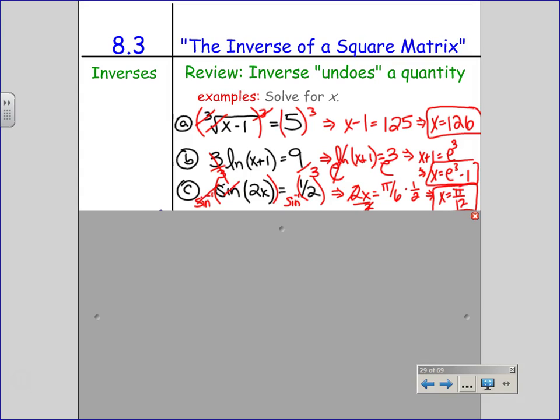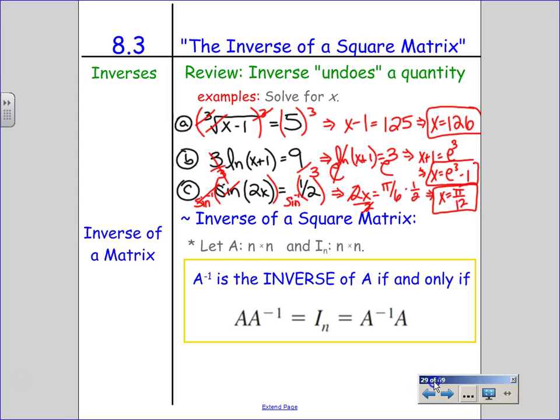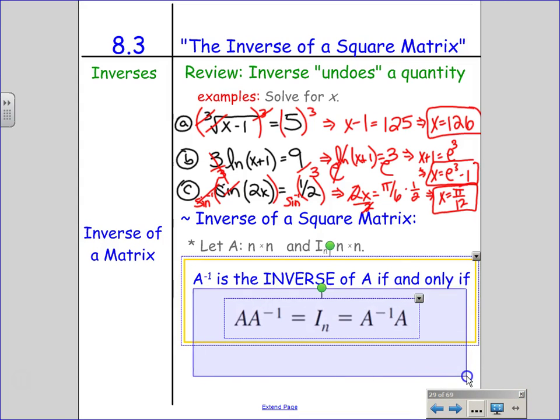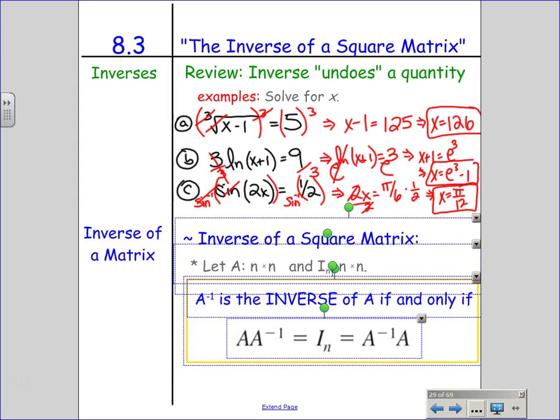So, matrices, we talked about addition, subtraction, multiplication by a constant, multiplication by another matrix. We're building up. We've seen how they're used for systems of equations. But now it's time to talk about how can a matrix be undone? And maybe not so much a matrix, because a matrix in and of itself isn't an operation.